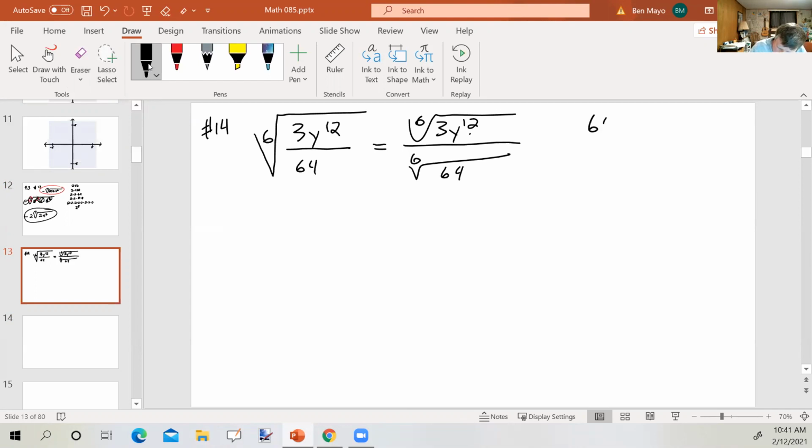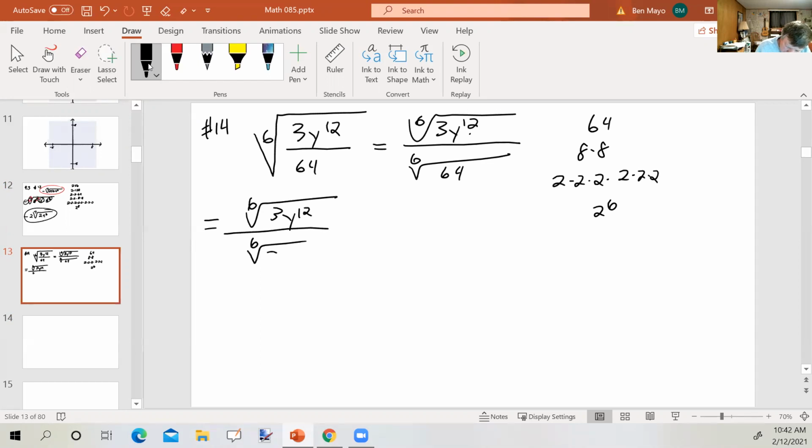But let's take 64 and break it down. 8 times 8, 2 times 2 times 2, 2 times 2 times 2, so 2 to the 6th power. So now I've got the 6th root of 3y to the 12th over the 6th root of 2 to the 6th power.